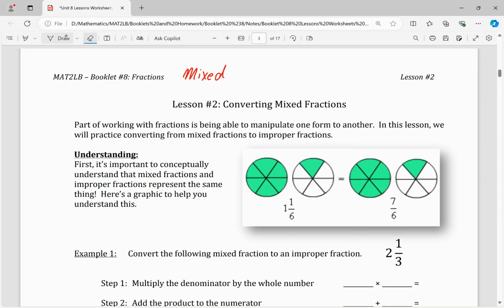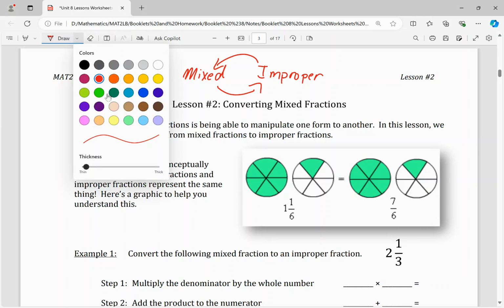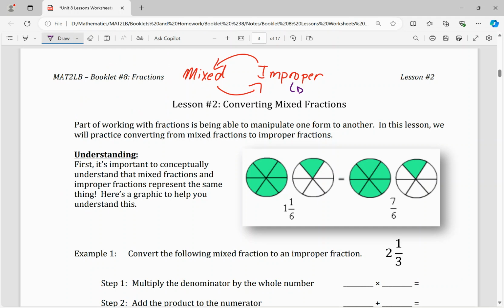So, if that's the case, you need to know how to convert between the two of them in case you ever need to. Because usually we'll use improper fractions for the math, and we'll use mixed fractions for our final answer.